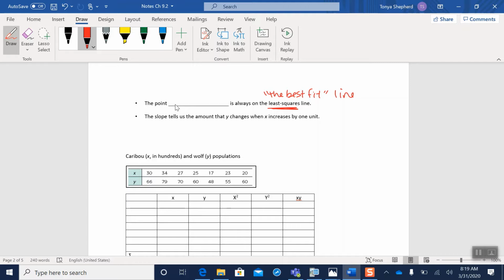Even if you have a terrible y-intercept and a terrible decimal number for your slope, you know that this point is on your line. It's going to help you graph your line. And that is the point x bar, comma, y bar. Okay, and what does x bar stand for?